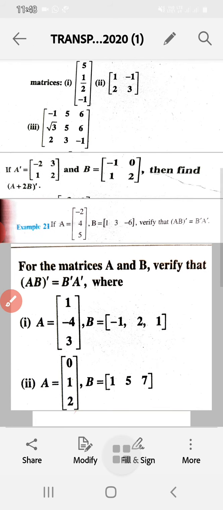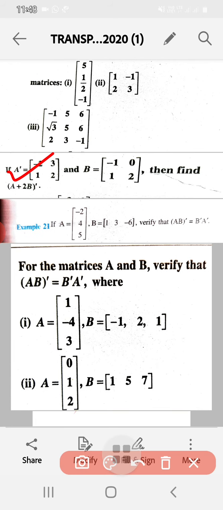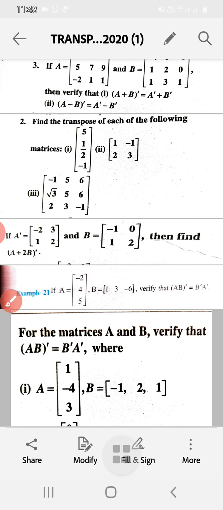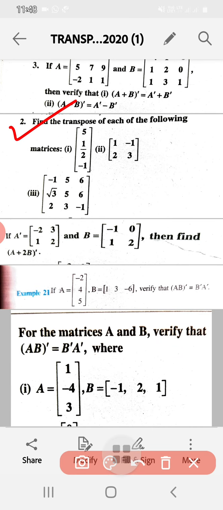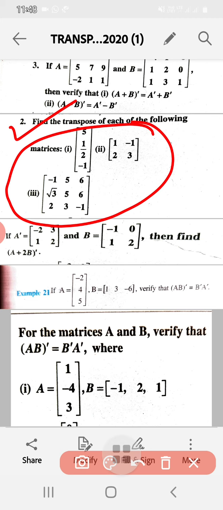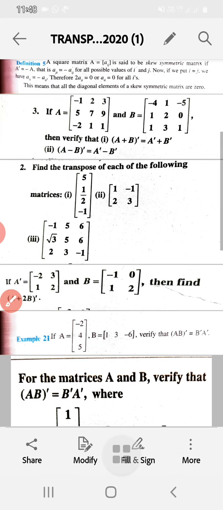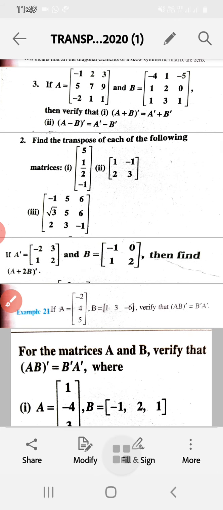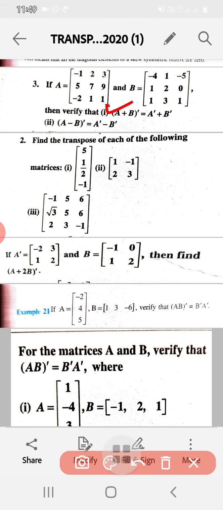Then this one is also (A plus 2B) dash. Here A dash was given. Then what we have completed here: find the transpose of each of the following. We have to interchange the rows and columns, then we get the transposes. Then (A plus B) dash is equal to A dash plus B dash, and (A minus B) dash is equal to A dash minus B dash. So these are the properties along with this one, (AB) dash is equal to B dash A dash.